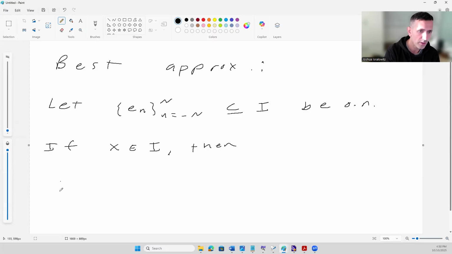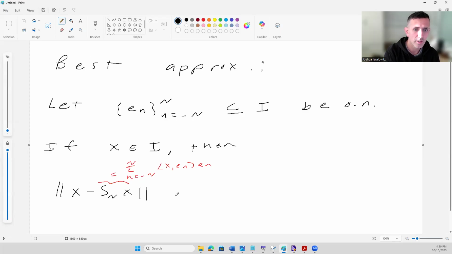So let's say, as before, S_n x is exactly what we had before. You can think of this like the partial Fourier sums: the sum of <x, e_n> e_n.